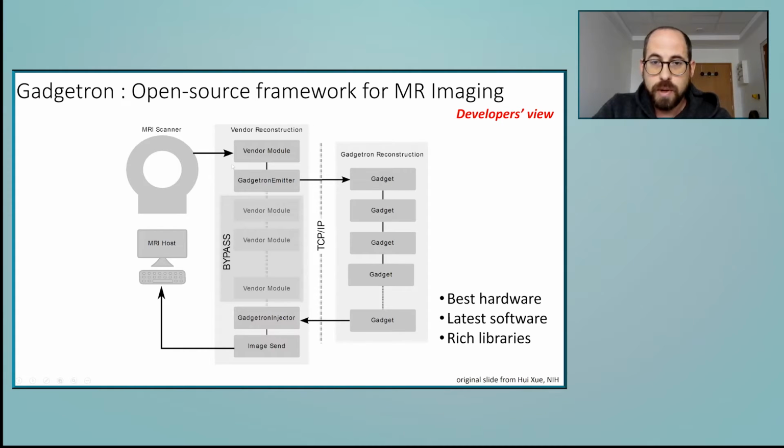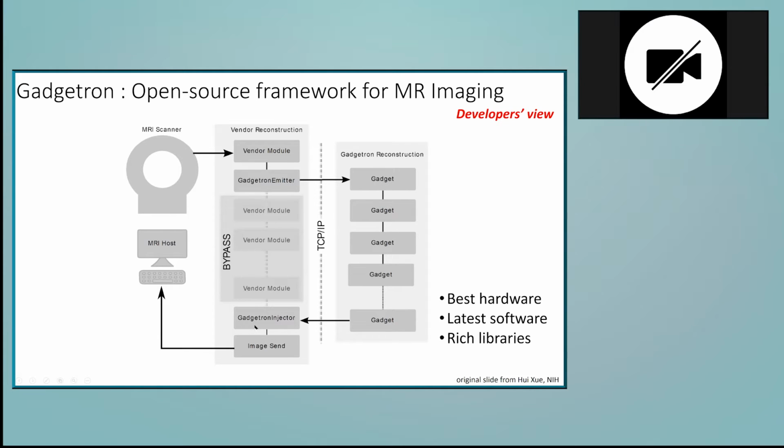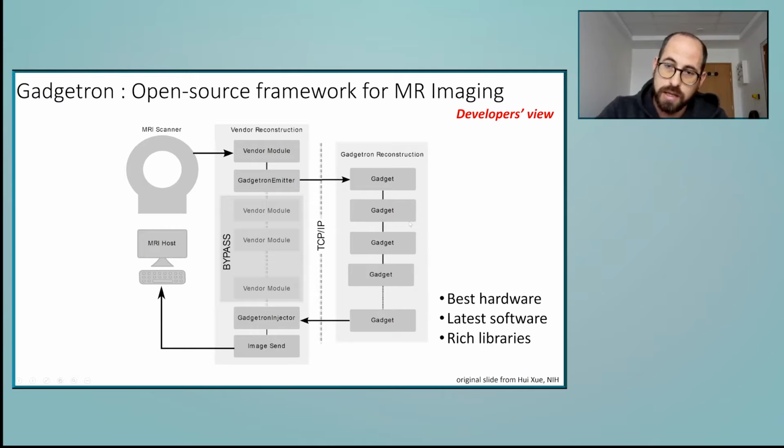The idea was to add a Gadgetron emitter that sends the k-space to another computer that will do the processing, and then you send back the result to the MRI. And it's completely transparent, and you can put in your gadget the best hardware and the best software or libraries you want to use.